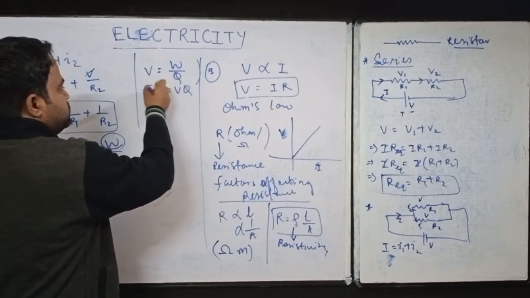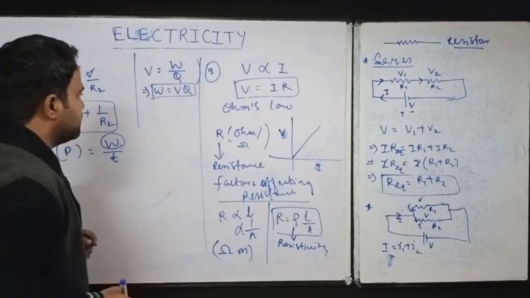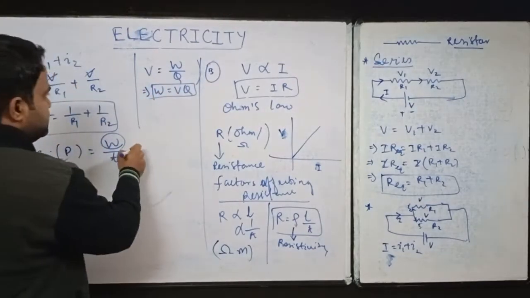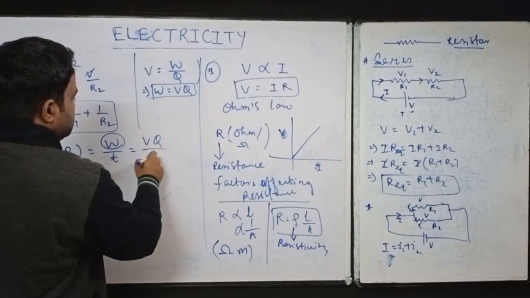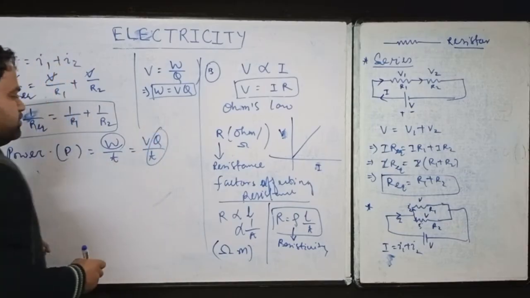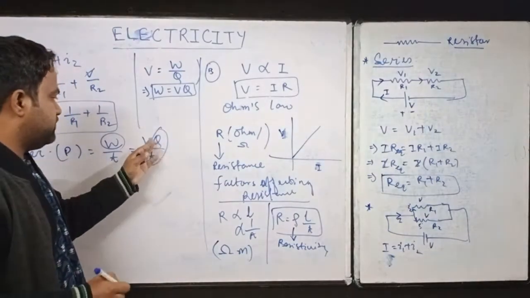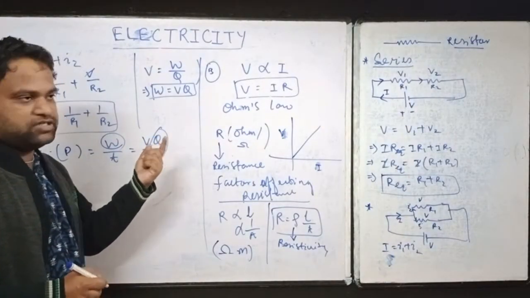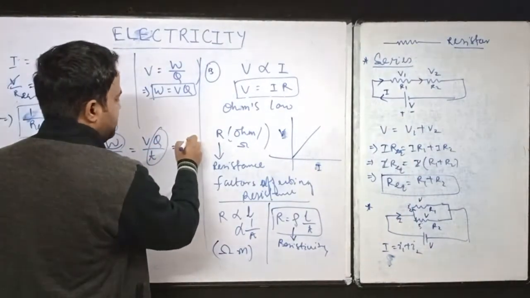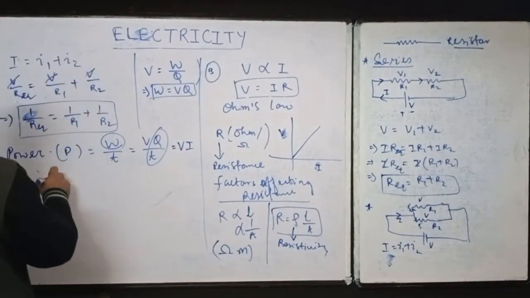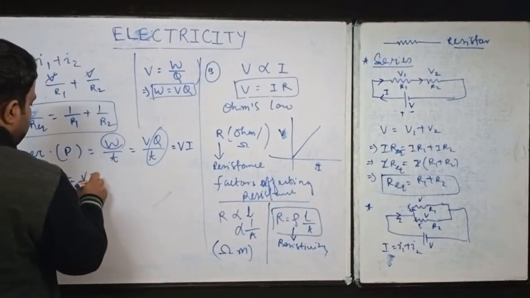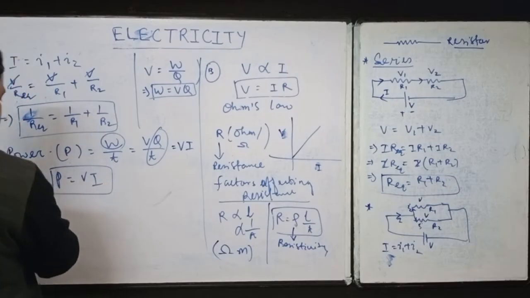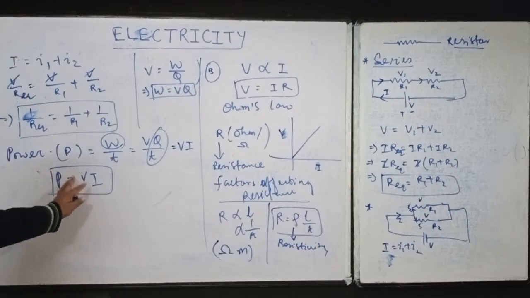This is what we discussed at the beginning. So W I can represent as VQ, and this is T. So Q by T, again I know it's I, the first formula we discussed, the rate of flow of charge is current. So I can write VI. So this is a very important formula, that power equals VI in electricity, voltage into current.